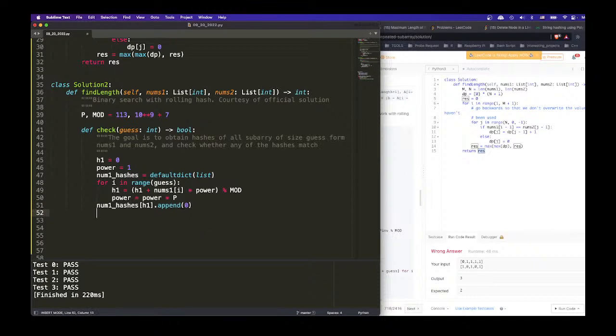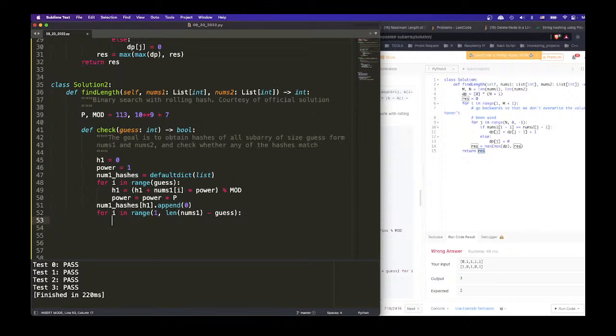We start with 0. Then we say for i in range 1 to len nums1 minus guess, I'm pretty sure. Right?